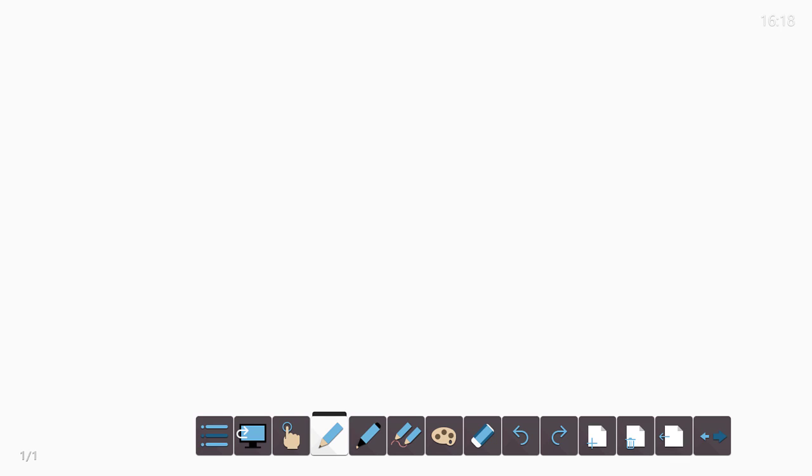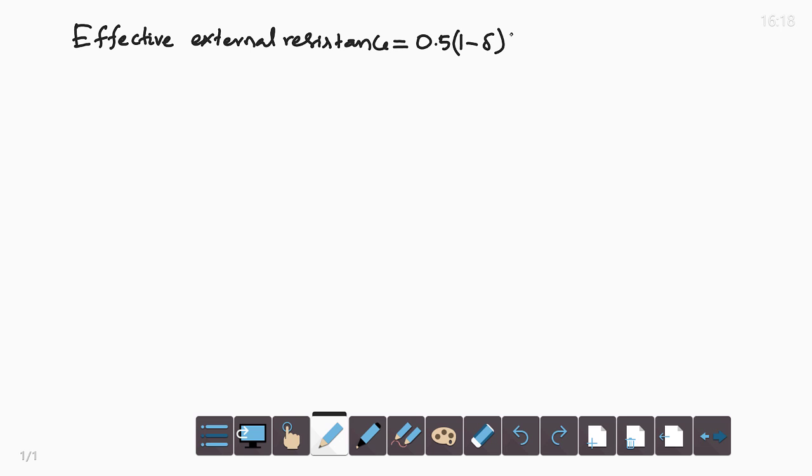So, effective external resistance is 0.5 into 1 minus delta into R plus R d. R d is the DC link resistance. Okay.